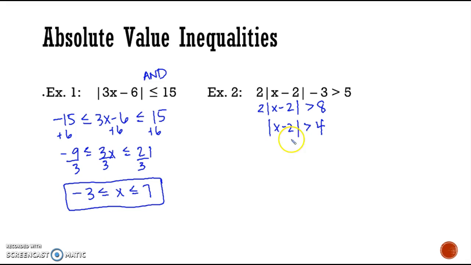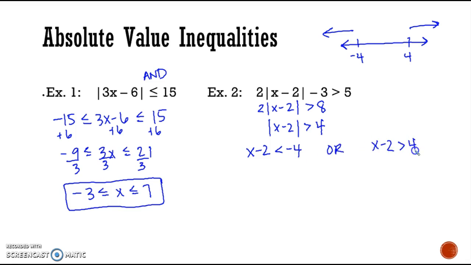The "or" is a little different, right? If we go back to my number line, if I want to be more than 4 units away, that means I want to be left of negative 4, so less than negative 4, or to the right of 4, greater than 4. So I'm going to write those two inequalities. I have x minus 2 needs to be less than negative 4, or x minus 2 can be greater than positive 4, and both of those scenarios would work.